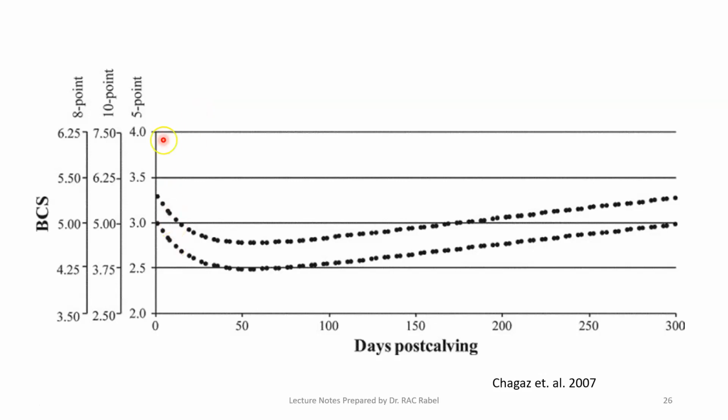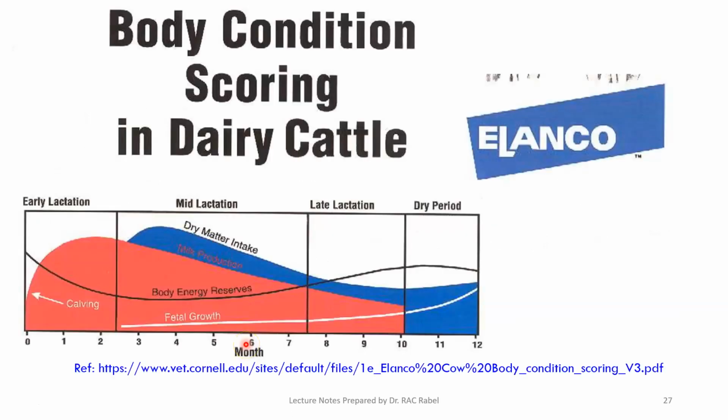But there are also 8-point and 10-point scales of body condition scoring. Regardless of the scale, the pattern is this: the lowest body condition score comes around peak milk production, which was maybe 6 to 7 weeks, 50 days, right? Now, this is really important.